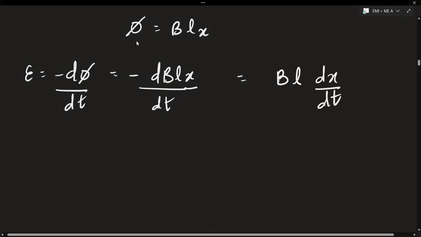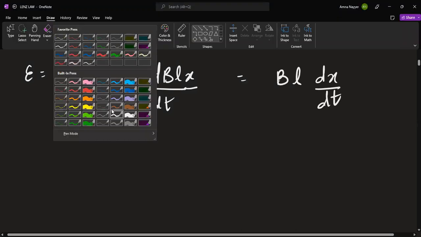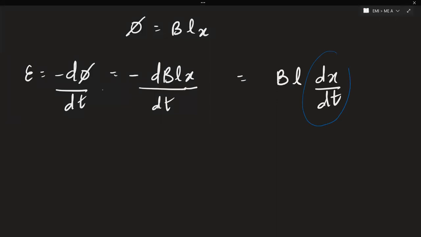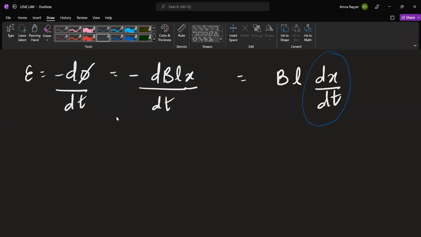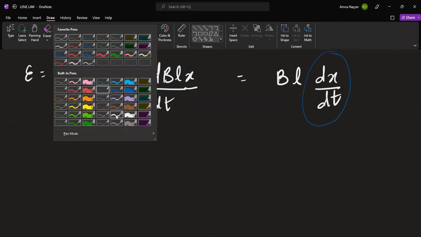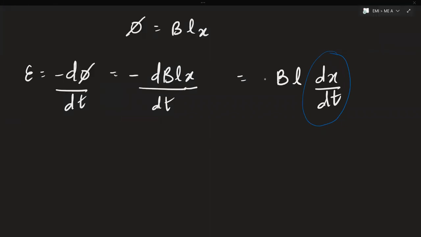Can anyone tell me what is dx over dt? Anybody from the class? Change in the distance with respect to time, or rate of change of displacement.